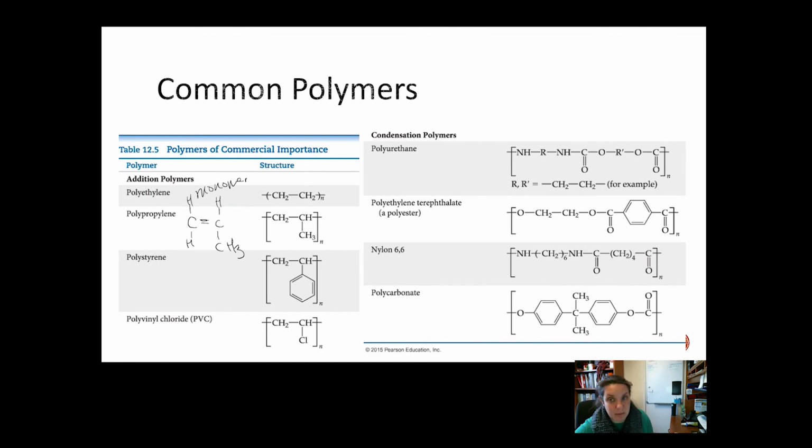With condensation polymers, it's a little more difficult. What we're looking for is a nitrogen-carbon bond or an oxygen-carbon bond where the carbon has a double bonded oxygen to it.